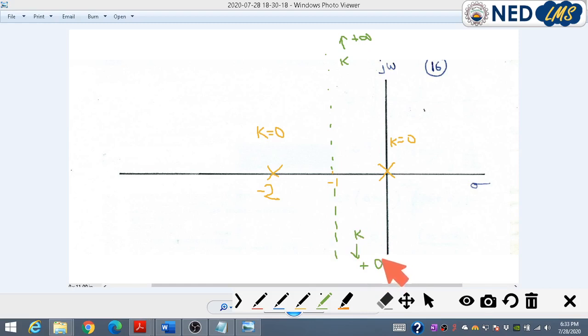The angle for CRL with respect to this centroid is 0 degree and 180 degrees. So 0 degree is here, so I have to mark here k minus infinity.